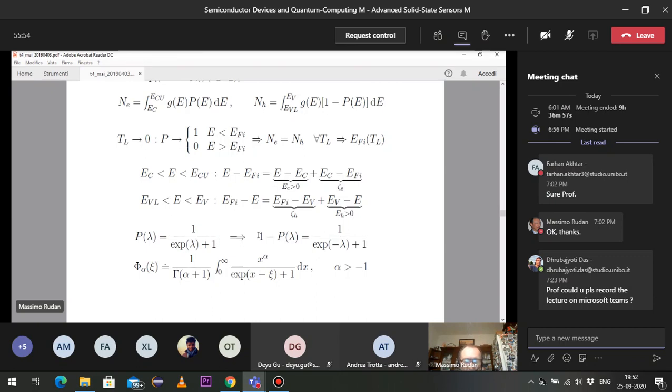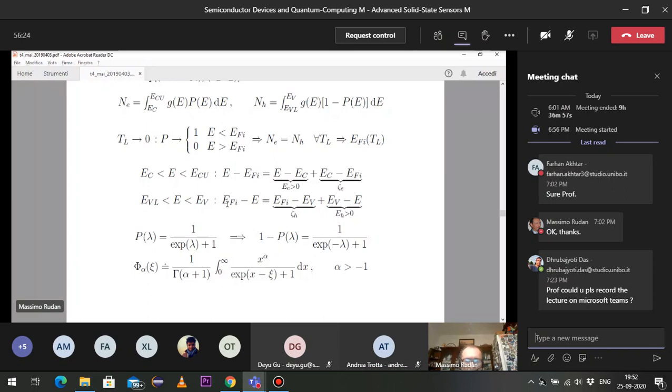You can immediately find that 1 minus the Fermi statistics is equal to 1 divided by e to the minus lambda plus 1. So 1 minus the Fermi statistics is like the same Fermi statistics with the opposite sign in the exponent, okay?